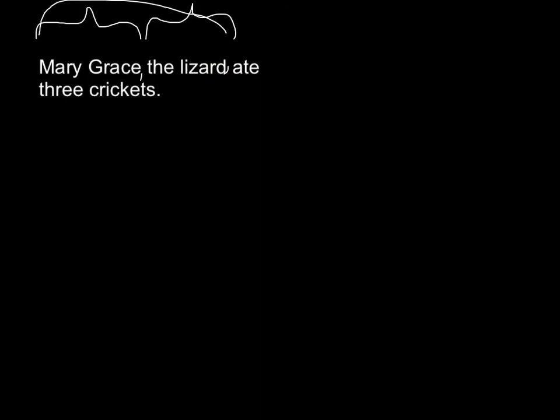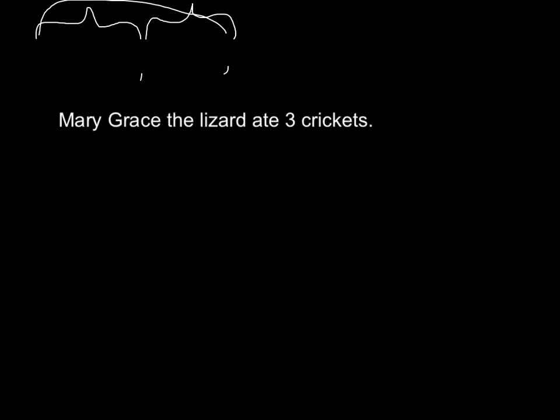But now let's say I decide to put the comma right after Mary. So now I put the comma here. Mary, Grace the lizard, ate 3 crickets. Now Grace is the lizard.